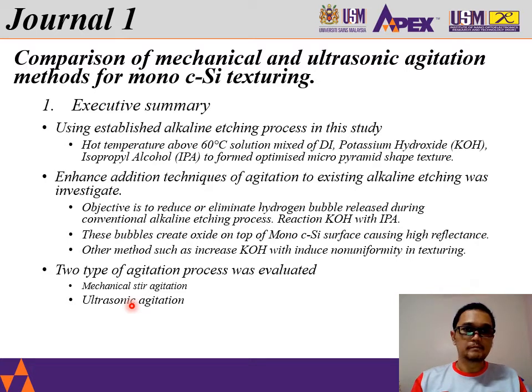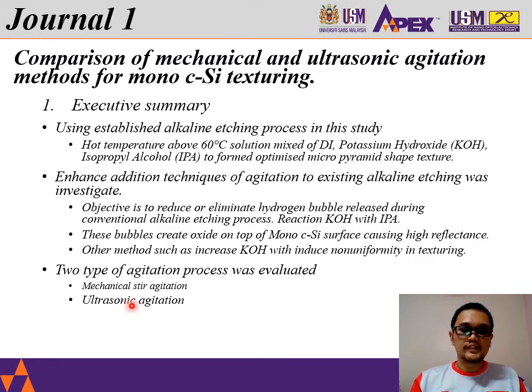It uses a hot process above 60 degrees, with a solution mixed with DI water, potassium hydroxide or KOH, and isopropyl alcohol or IPA to form an optimized micropyramid shape texture.